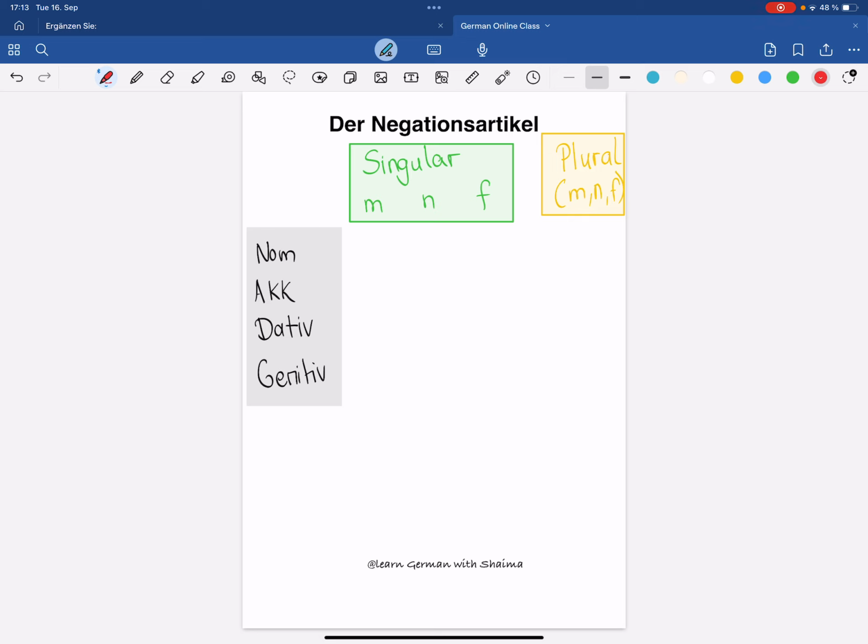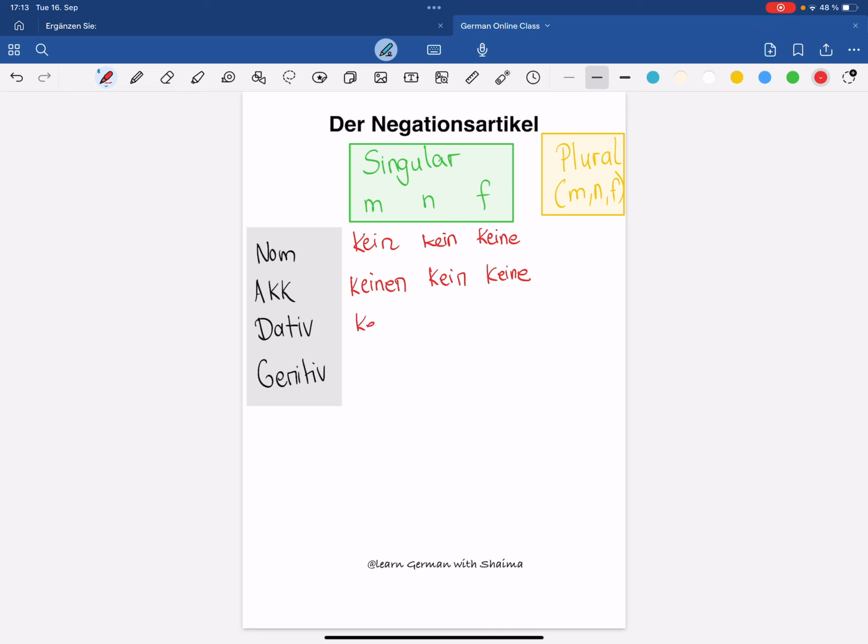Starting again with the Nominativ, which is the easiest one: masculine is kein, neutrum is also kein, and feminine is keine. Accusative is keinen, and neutral is kein, feminin keine.